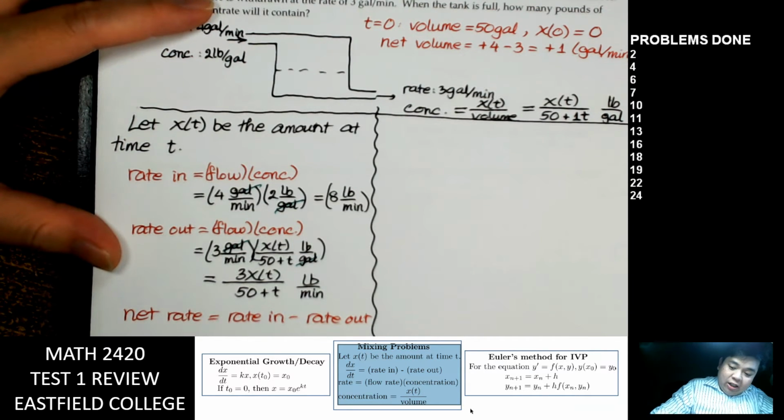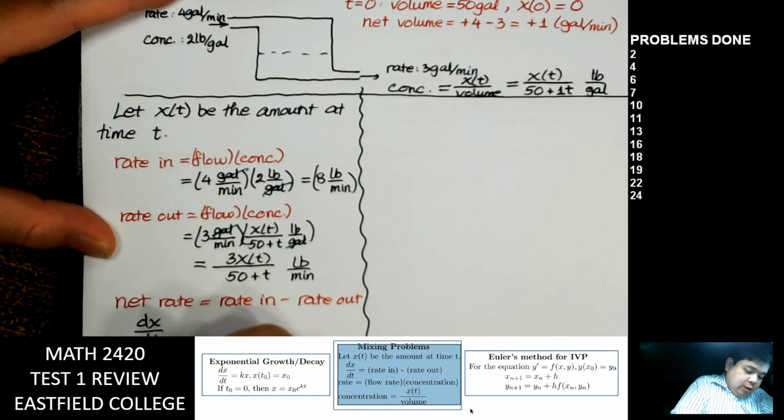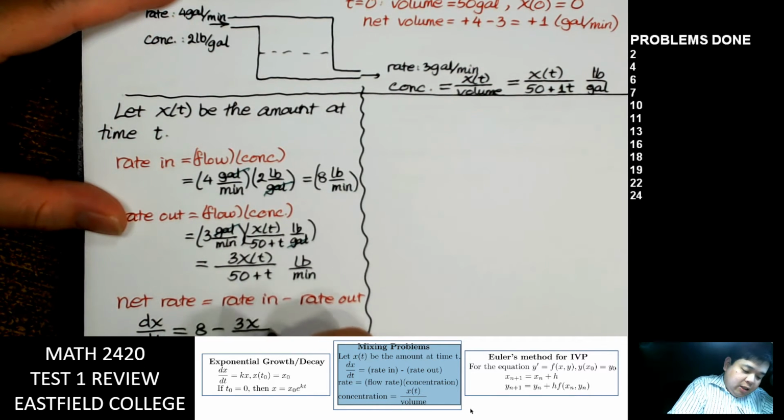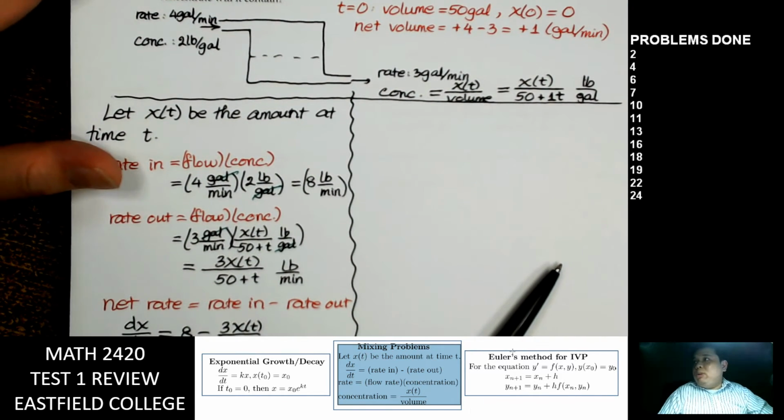So the net rate will be dx over dt, rate in 8, rate out 3x of t over 50 plus t.